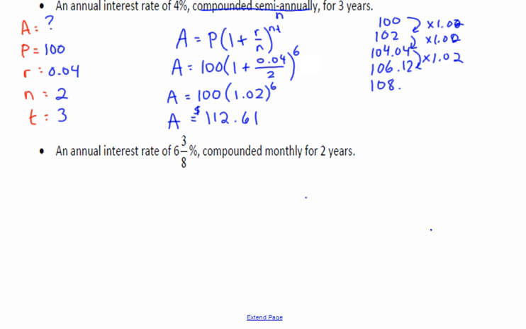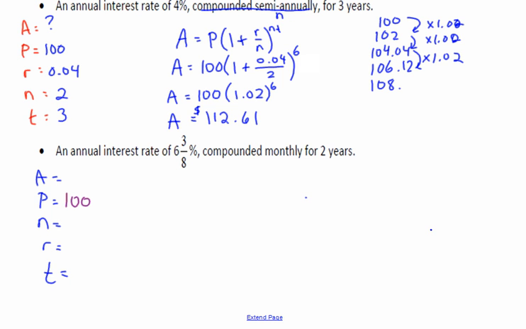Okay, so let's write our list. We have A, P, N, R, T. So still he's investing how much money? $100.